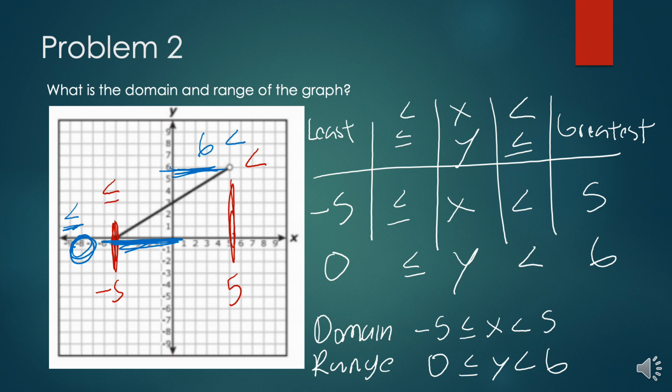Now, just for a quick thought, imagine if there was an arrow here instead. If that was an arrow, that means that this would be infinity.